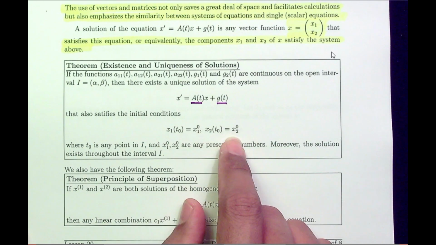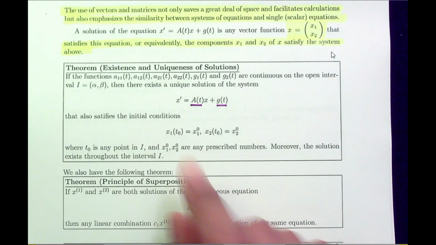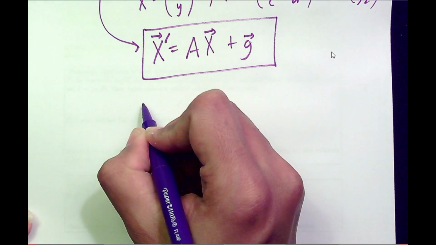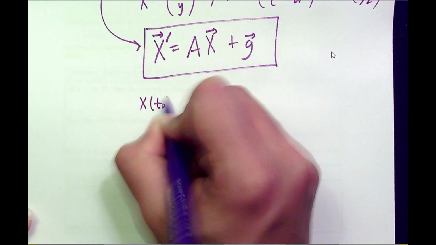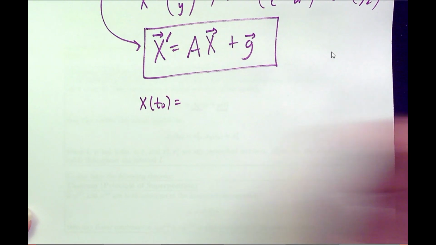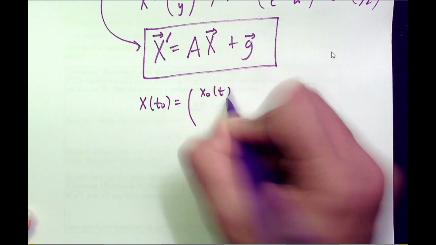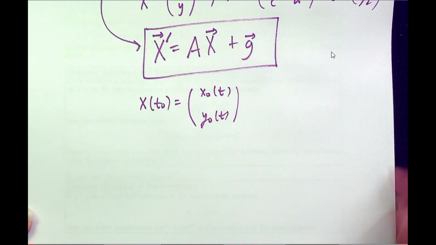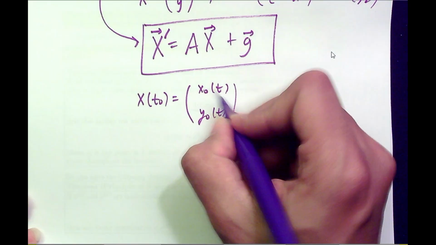So the notation they use in the book is, you need to know the value of what we're looking for at a particular point. And then in this notation, it will be x naught of t, y naught of t. So you need to know that.